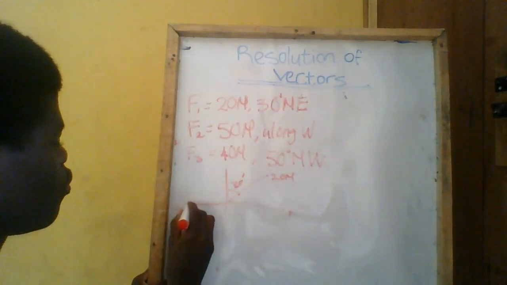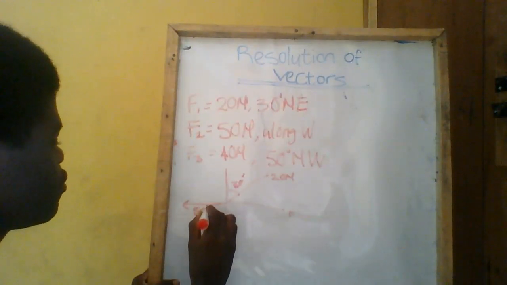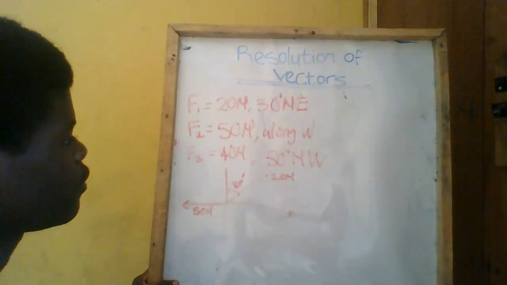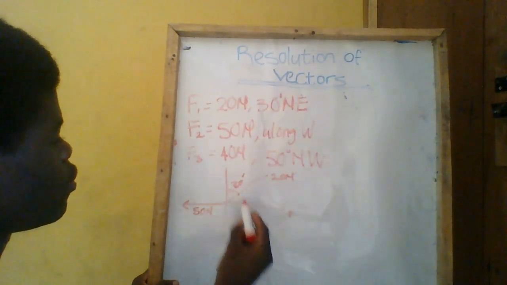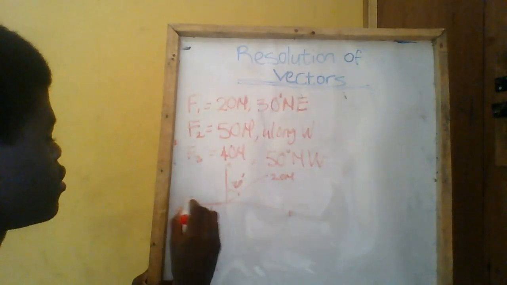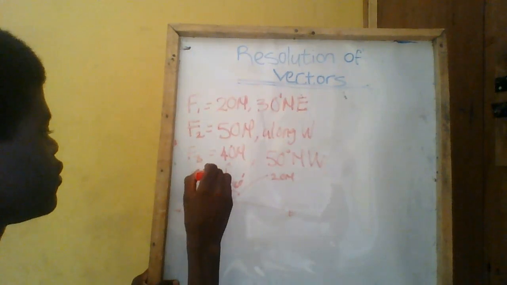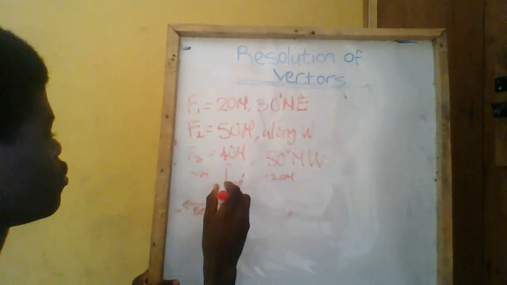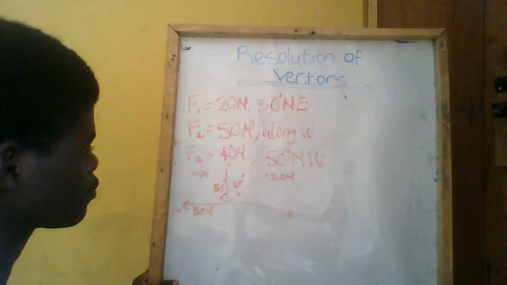So that's 50 Newton. And F3 is 40 Newton, 50 degrees west of north. This is north, this is west. So it says 50 degrees west of north. It belongs to north. So that's 50 degrees, and this is 40 Newton.